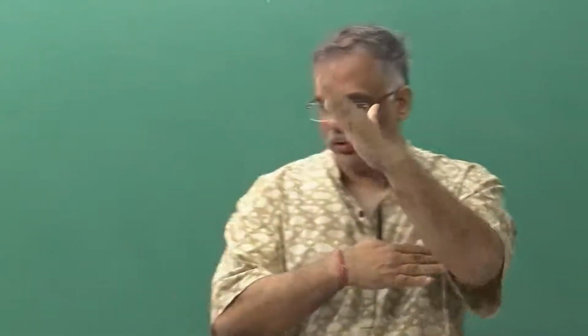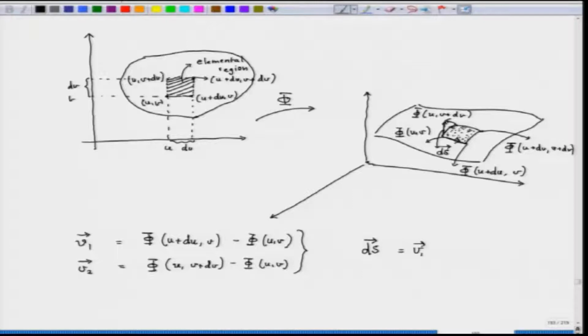So, essentially the cross product of the two sides gives me the area. So, the area vector. Now let us look at the v1, what is phi of u plus du.